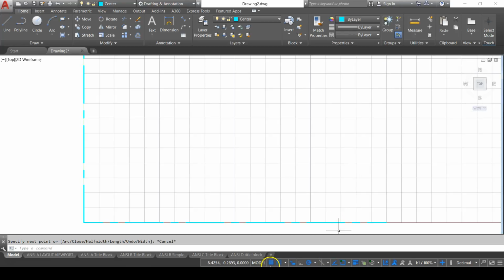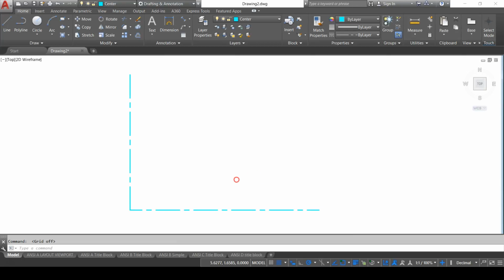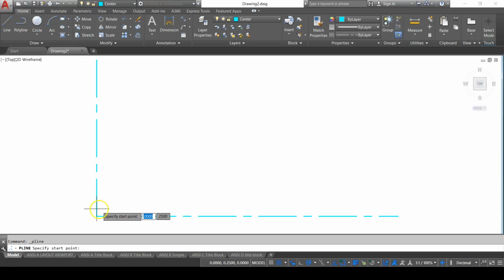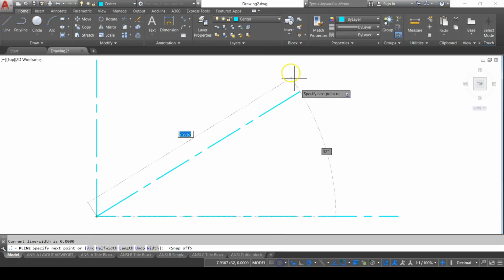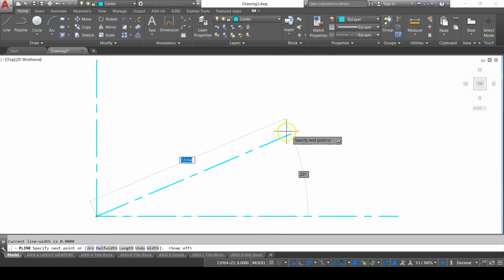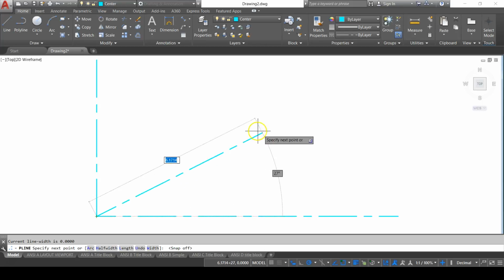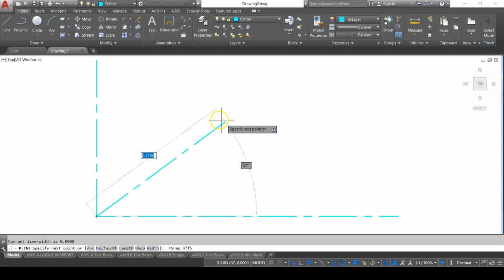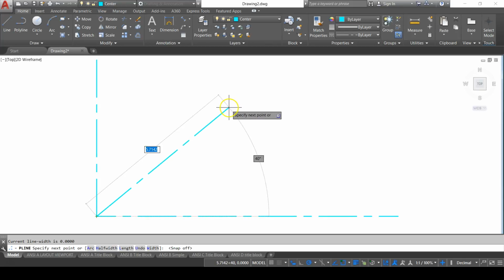Okay. I'll turn the grid off so that you can see it. And now I want a line that is 50 degrees from a vertical line. So here you can see that AutoCAD automatically measures angles from the horizontal.